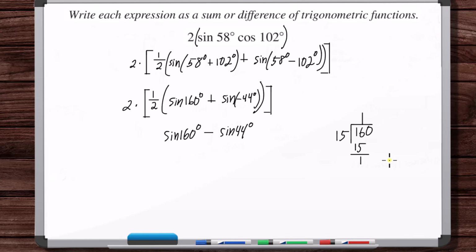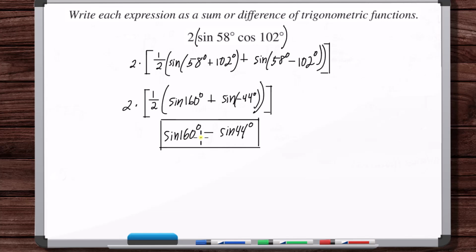No. So that's it. We'll leave it like this. And 44 is not a multiple of 15, so we'll leave it as an exact answer. If 160 or 44 were a multiple of 15, we could simplify it further.